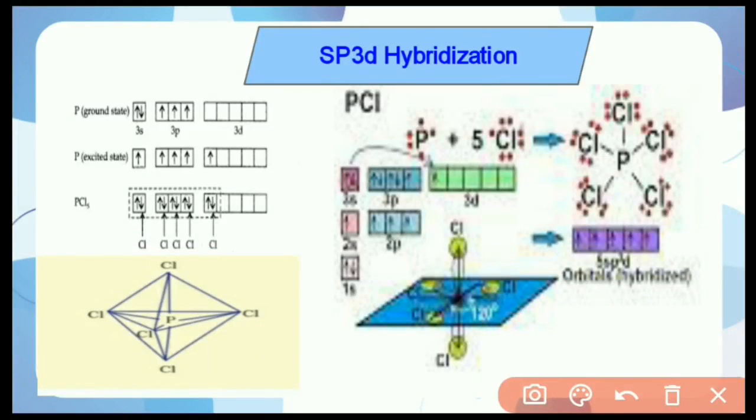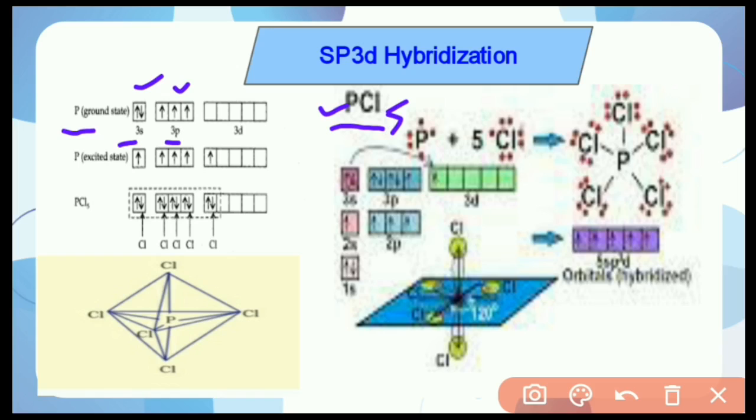Next hybridization is sp3d hybridization, in which a d orbital is involved. For example, PCl5. So in this PCl5 molecule, phosphorus is the central atom. When we see the electronic configuration in the ground state, in 3s 2 electrons are present and in 3p 3 electrons are present.